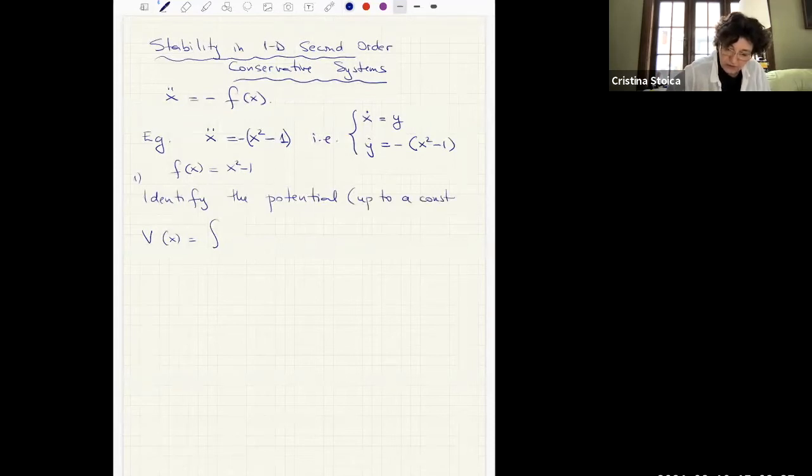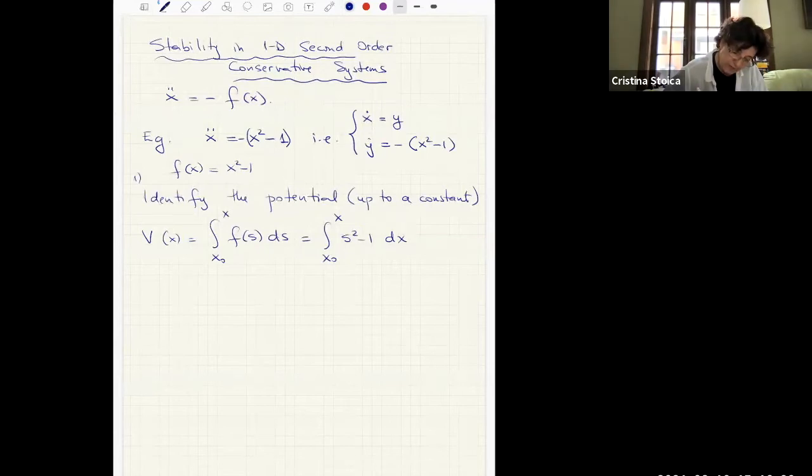If you remember last time, we just drop the constant. So this would be something like the integral from x naught to x of f of s ds. In this case it is s squared minus 1 ds.